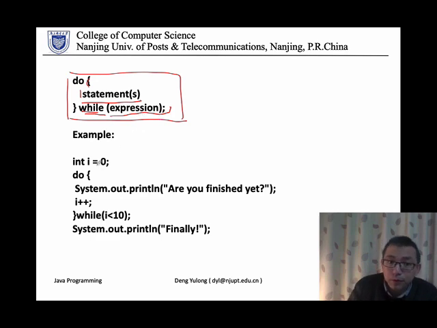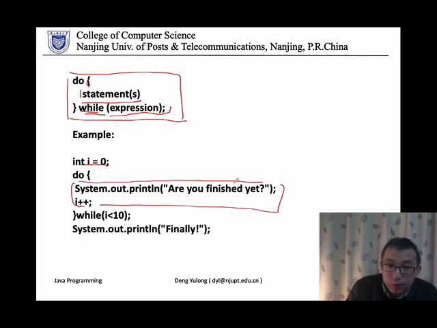Okay, so for example, now we have an I variable. It is still an integer, and we give it 0 as an initializing value, and then we do the same statements inside this looping body: print out "Are you finished yet?", and then increment the variable I by 1.